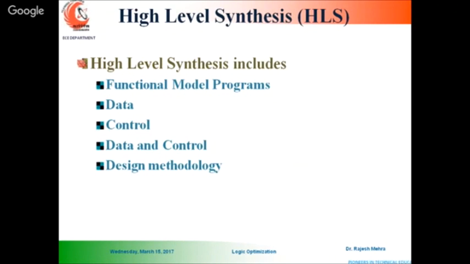So actually you can divide your HLS in 5 major sections. You start with functional model programs. Means whatever program or Boolean expressions are there with you, you start with that. Then you divide them, as I told you, in data flow logic and control flow logic.